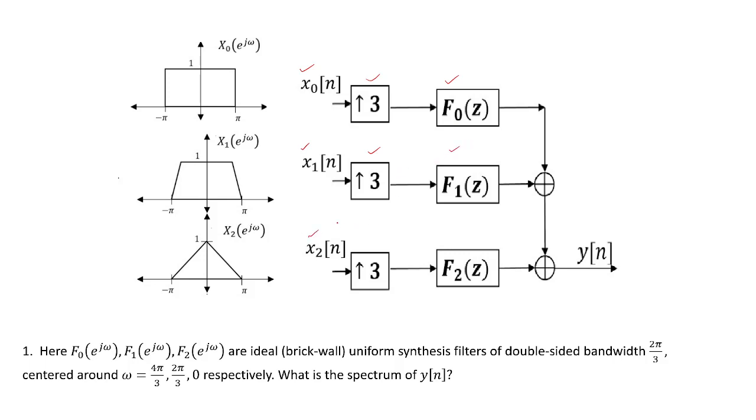And the third sequence x2 of n similarly passes through this upsampling block and the third filter F2 of z. And you can see these outputs are being added up to get a new sequence y of n.